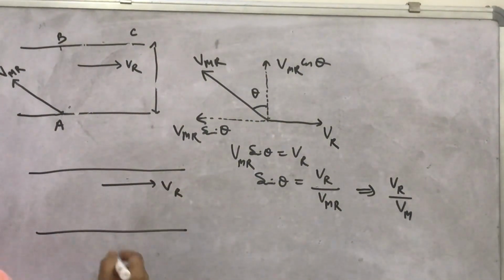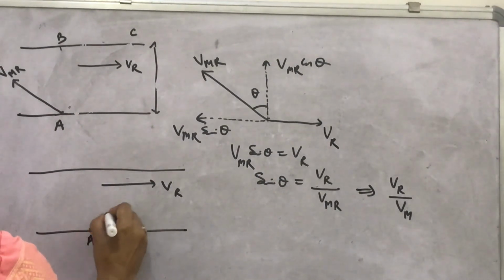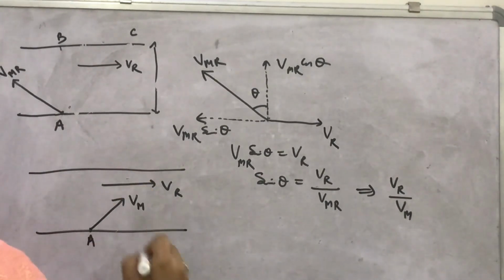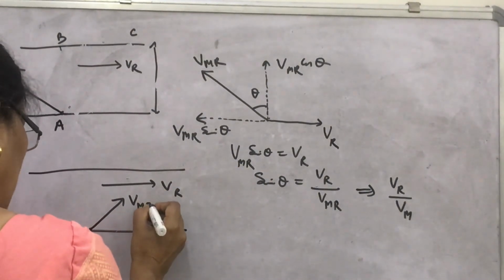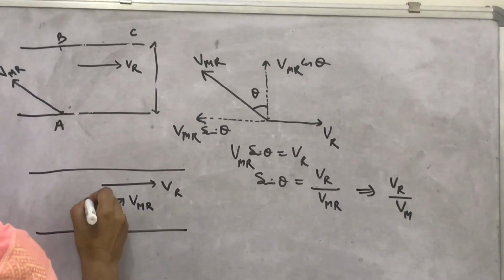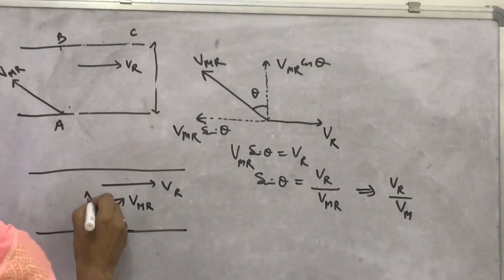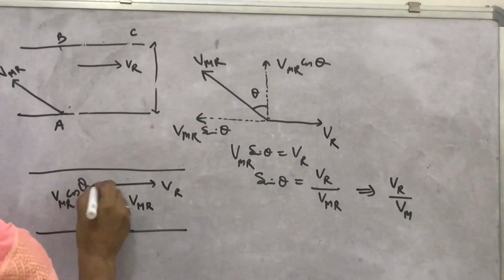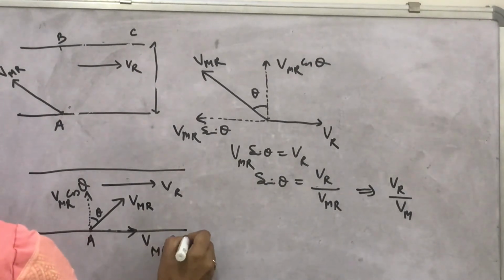Let us take the velocity of man from this point A, suppose he swims in this direction, this is the velocity of man. What you have to show here, that if this is the velocity of man with respect to river, again you take the components, this one and this one. This is theta, so what will be this? As usual, VMR cos theta, and what will be here? VMR sin theta.